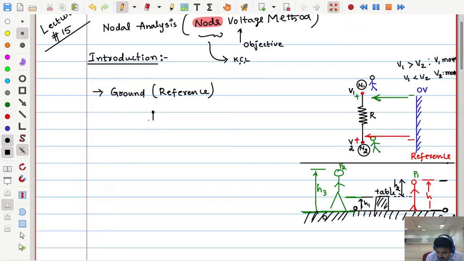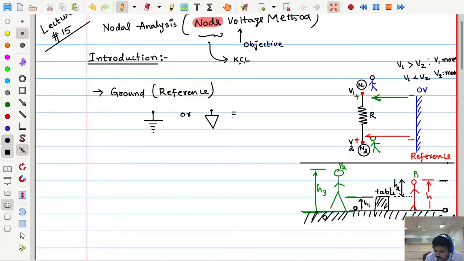If this is the ground, we try to represent it with these parallel lines with decreasing length, or we can also represent it in many ways, like this, just like a triangle symbol. In some literature you may find this kind of thing also. So these are the points at which zero potential exists.